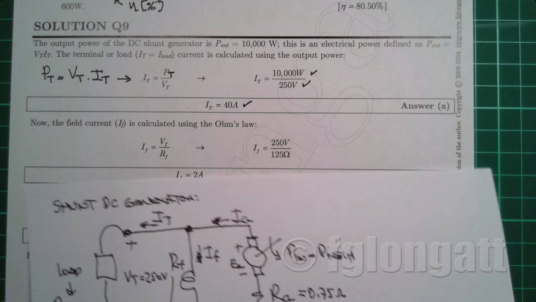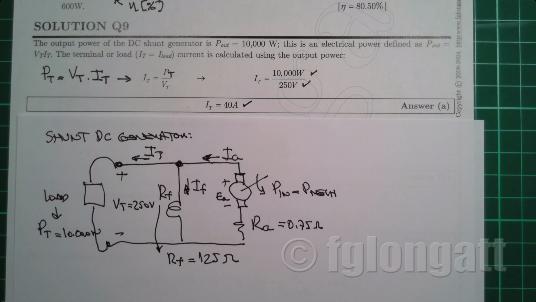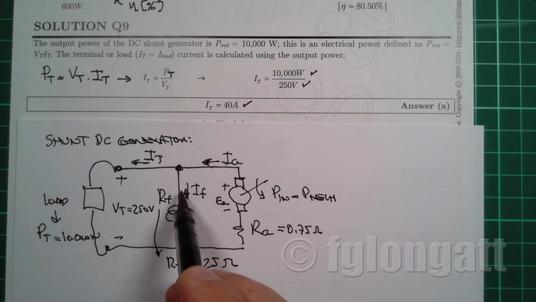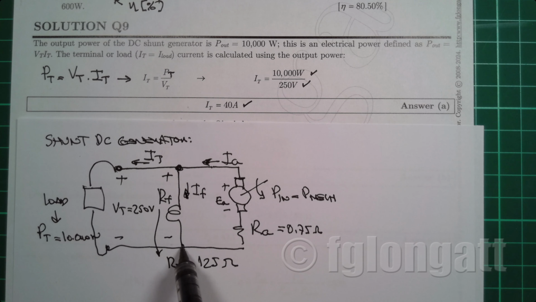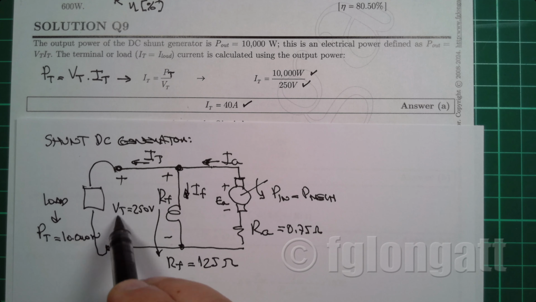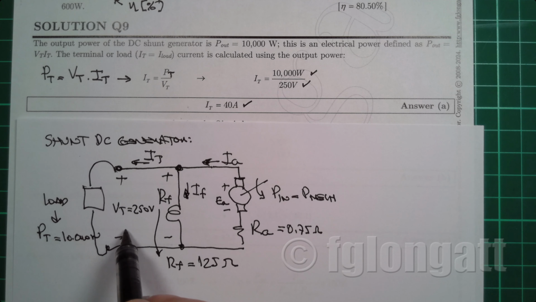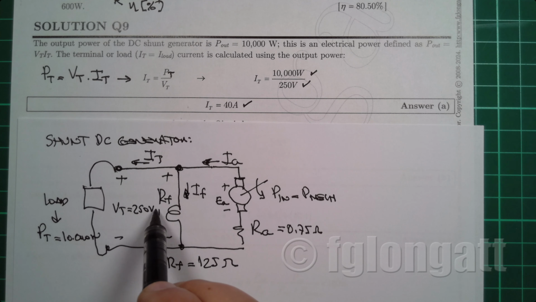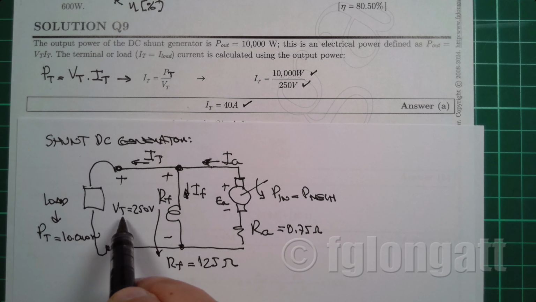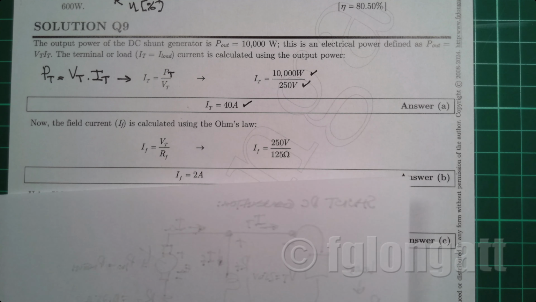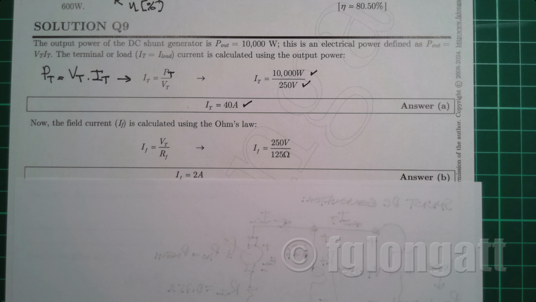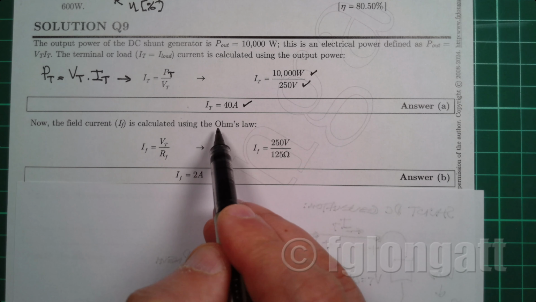So for the next question, we have been asked about the field winding current. And the field winding current is extremely simple because, as you can see from the circuit model, the voltage across the field winding is the same voltage across the terminal. So this resistor over here, 125 ohms, has a voltage between the terminals of 250. So what we need to do now is use Ohm's law.